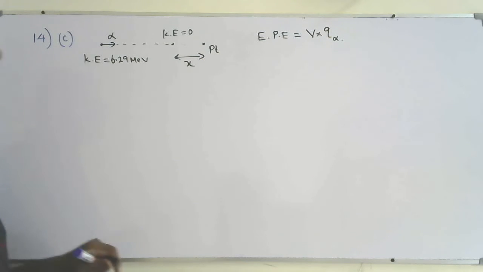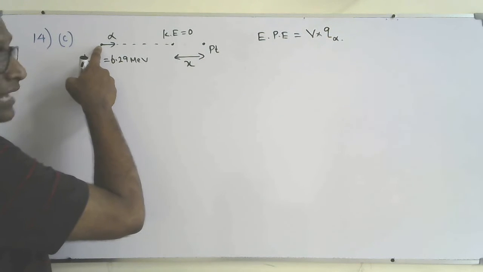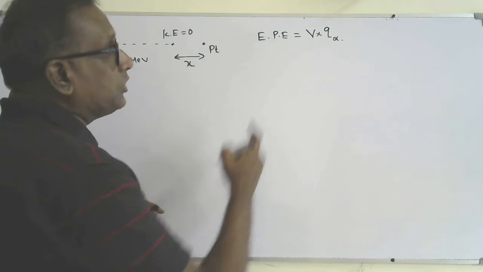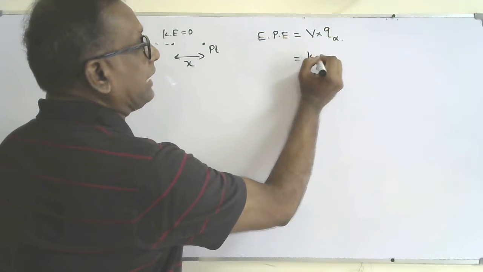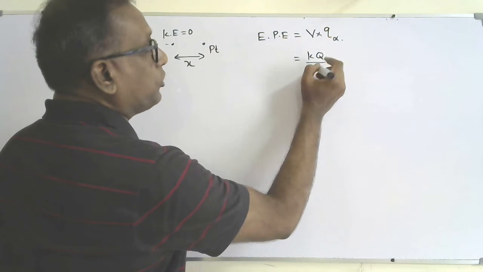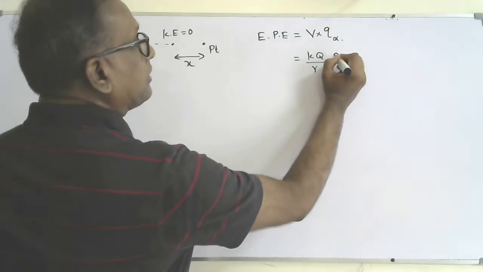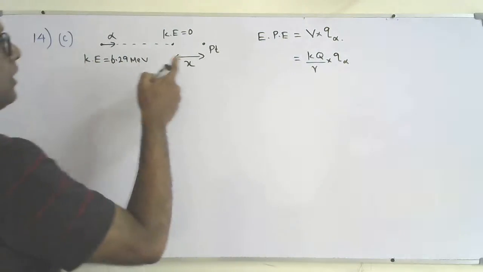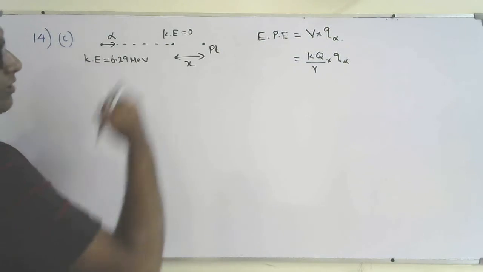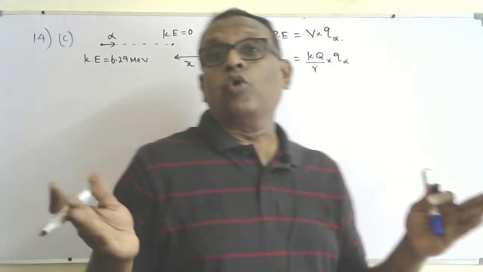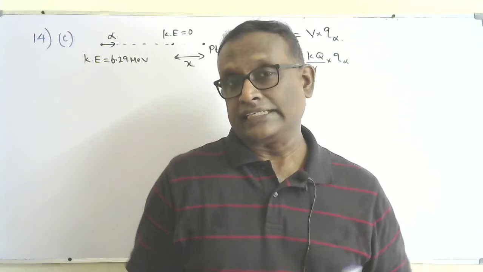So what will be the electrical potential energy of the alpha particle when it is far away from the platinum nucleus? The potential is given by kq over r, where q is the charge of the platinum nucleus, times q alpha. So when the alpha particle is far away from the platinum nucleus, r will be large, so it won't have any electrical potential energy.